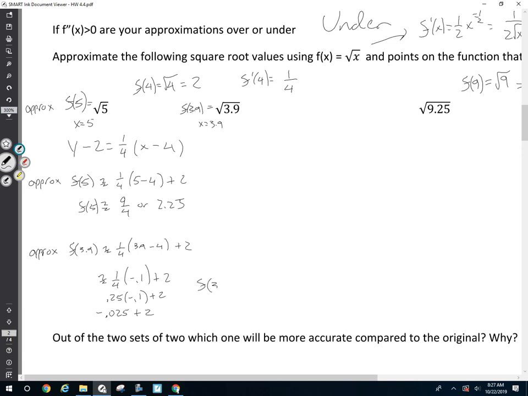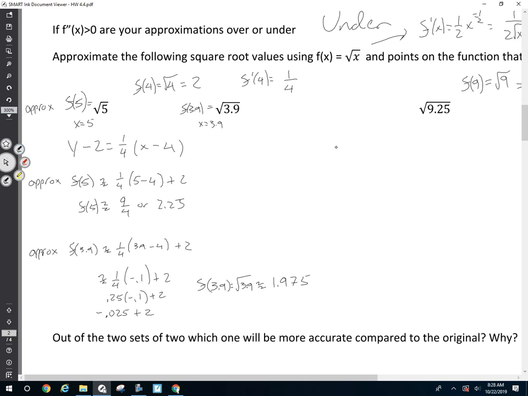I think f of 3.9, which is root 3.9, is approximately 2 minus 0.025. What's that going to be? Let's just do the math. 2.000 minus 0.025 is 1.975. Yeah, 1.975.